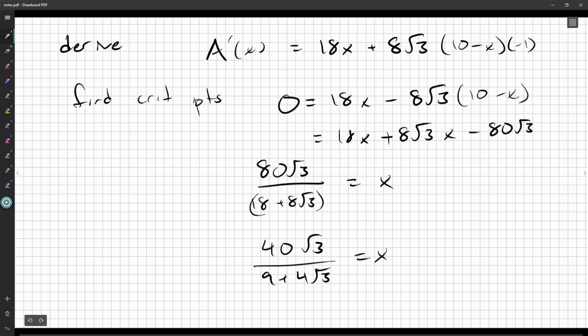Okay, you want to justify why this is the minimum value. Here's another place where you could use that argument that, hey, A is a parabola, so this is the minimum. You could also take the second derivative and show that it's always positive. What is the second derivative? It'll be 18, and then plus 8 root 3, which is always positive.